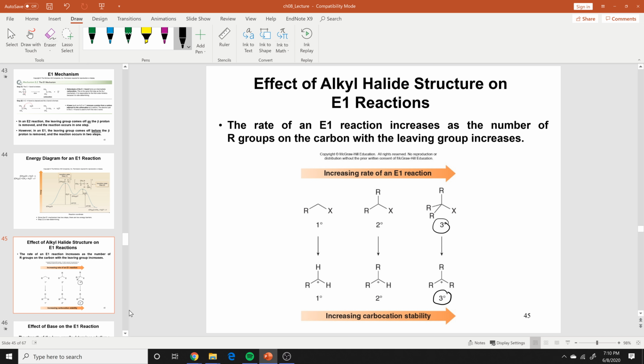So E1 and E2 share the same concept regarding the identity of the alkyl halide. The alkyl halide has to be tertiary. It reacts faster than secondary, than primary.